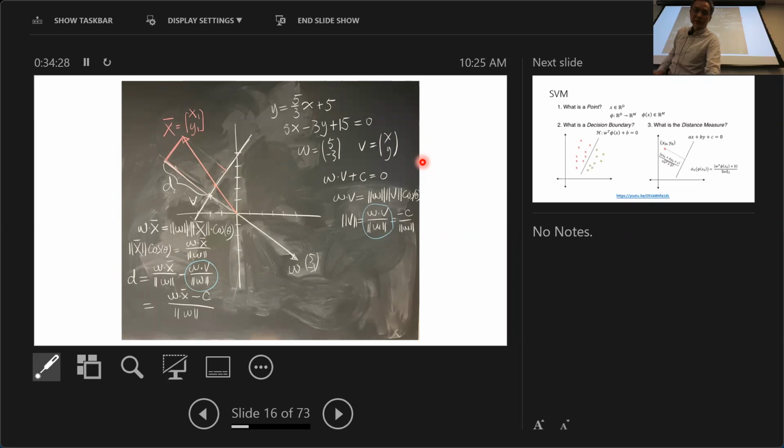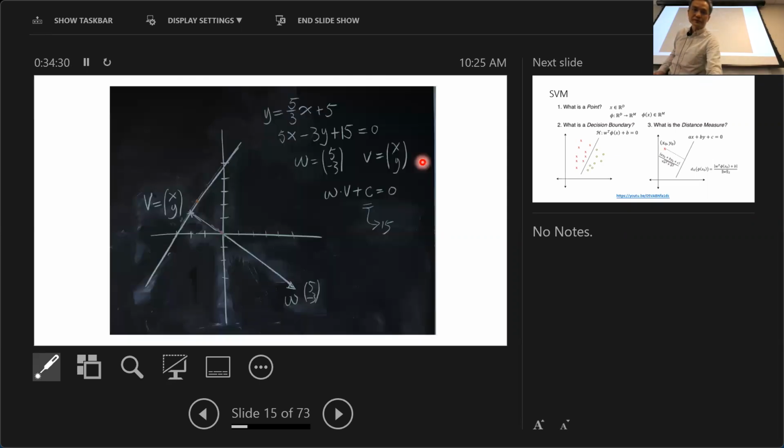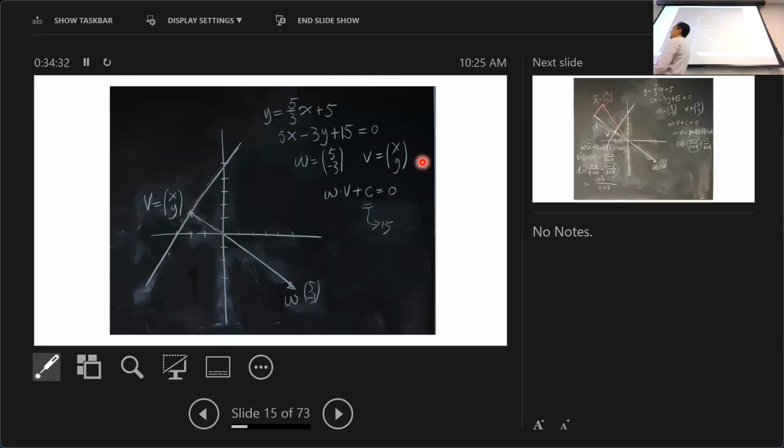So the question is, what is W, right? So W is a vector in this 2D example to define the line.